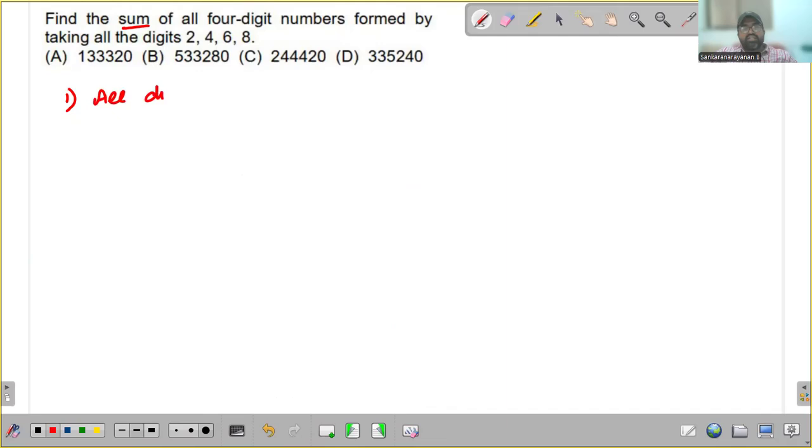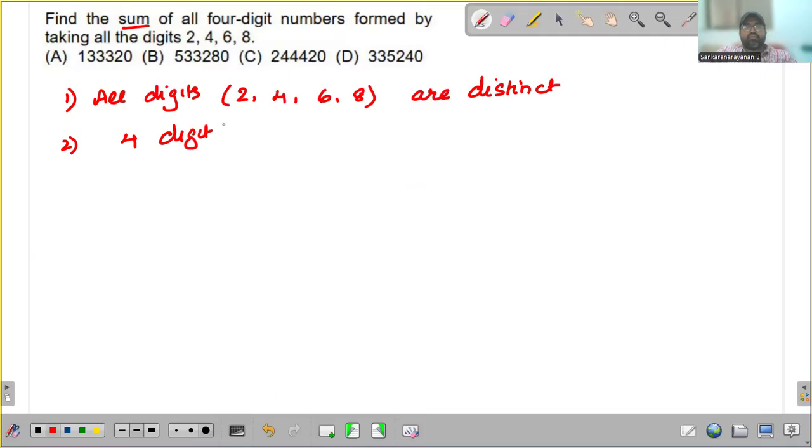And the second thing you have to consider is you are considering all 4-digit numbers. And you are asked to find the sum of all 4-digit numbers formed by taking all the digits of 2, 4, 6, 8.